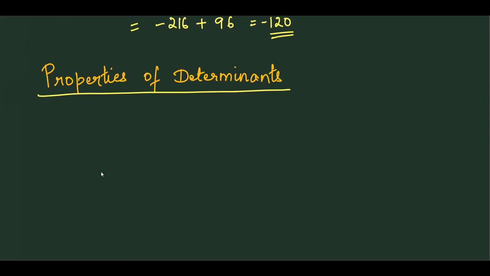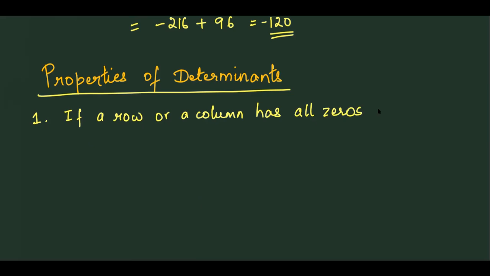Properties of determinants. The first one is, if a row or a column has all zeros in a square matrix, then the determinant will be 0.